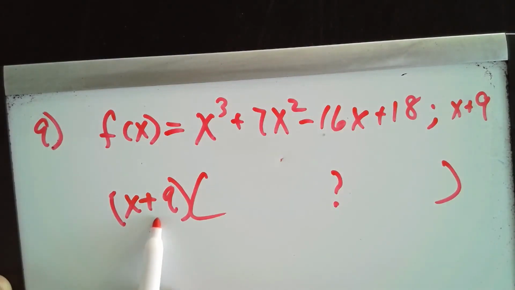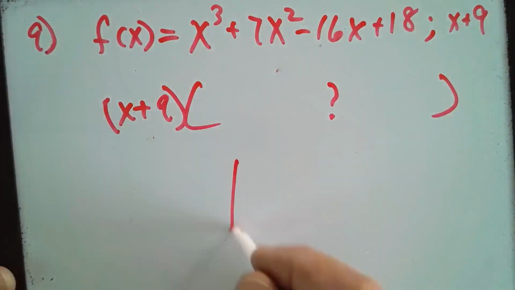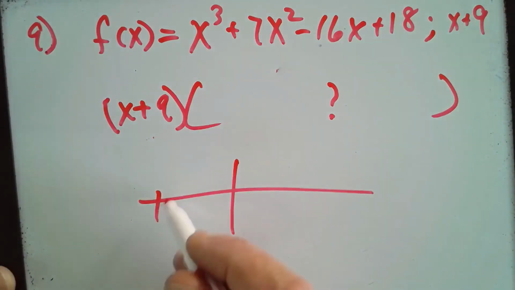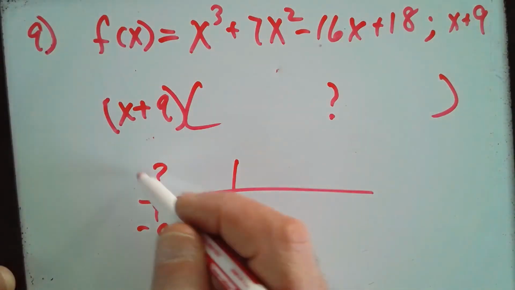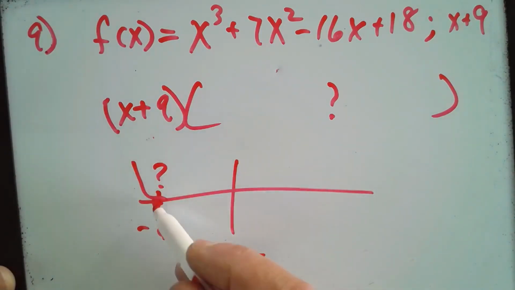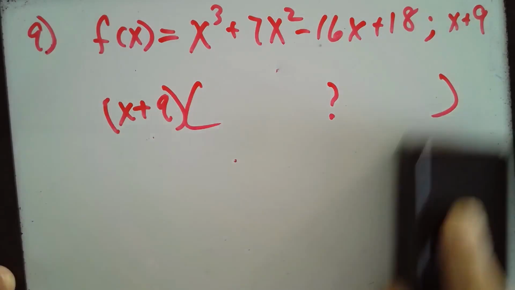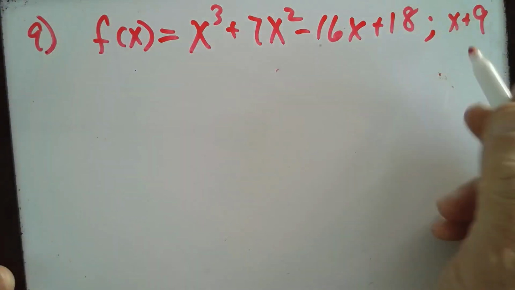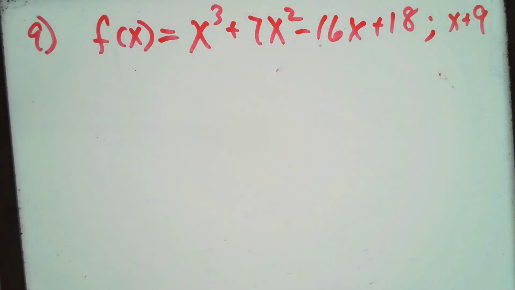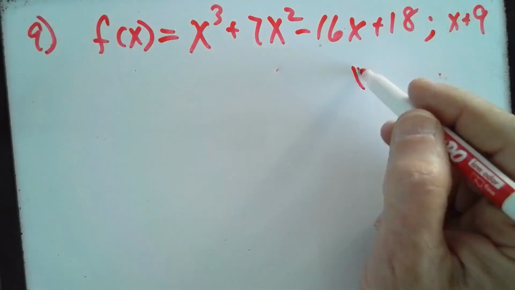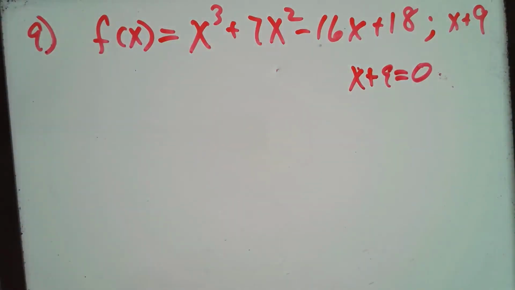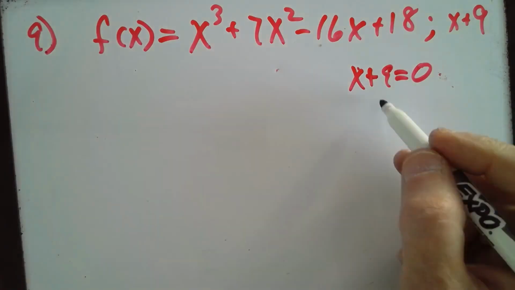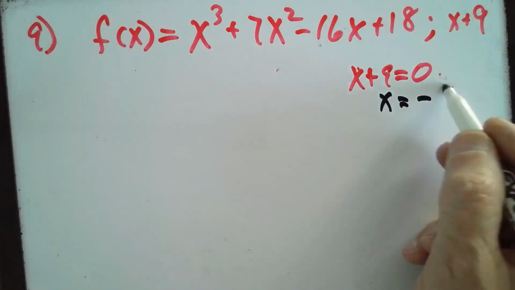So if it's a factor, then it's going to be a 0. So we want to know, is negative 9 a 0? Is the graph going to cross or touch at negative 9? So we have to set x plus 9 equal to 0, and so we get x equal to negative 9.